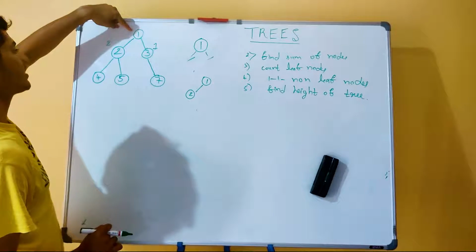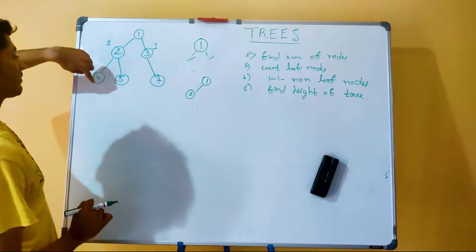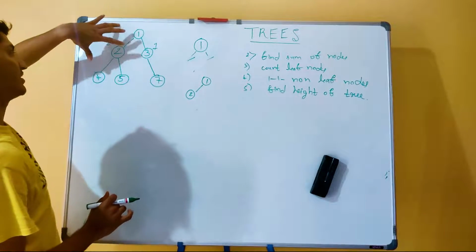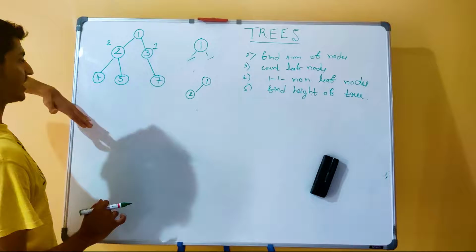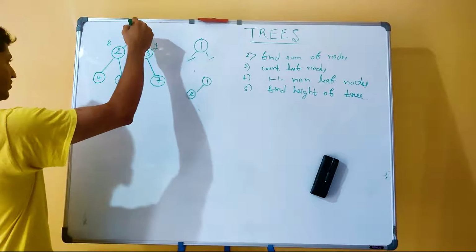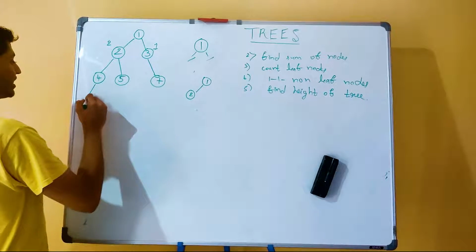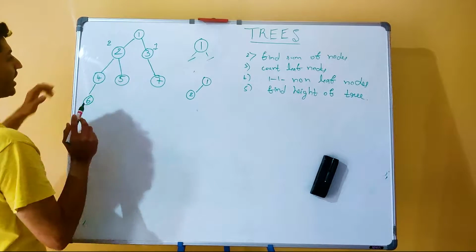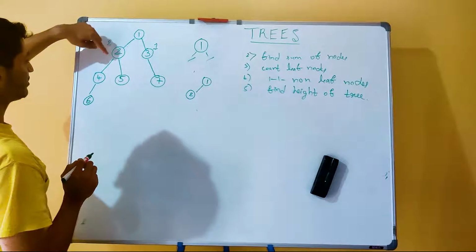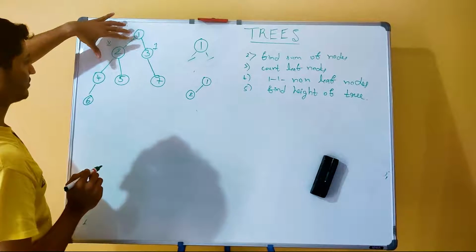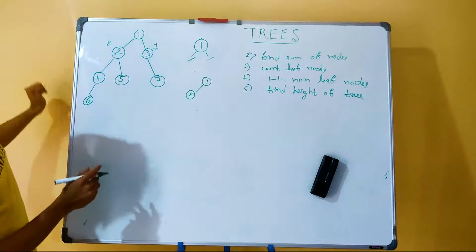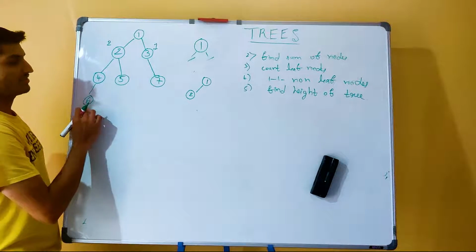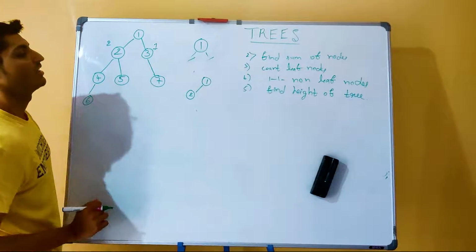Okay, what is the distance of the root node from its lowermost descendant or lowermost child? Okay, so this is the root node. Now let's say my tree is something like this. Height of my tree is 1, 2, 3. Okay, because its lowermost descendant is 6, which is at a distance 3.